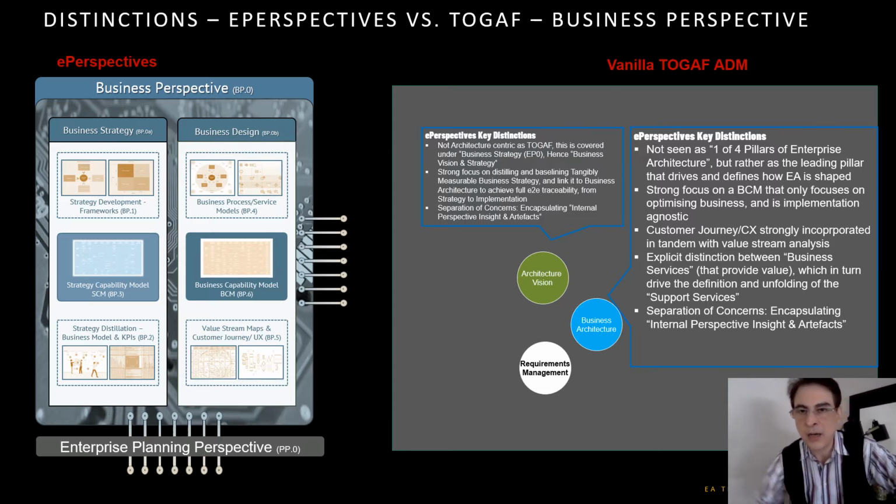I also need to mention on the architecture vision that in ePerspectives, we look at this vision as vision and strategy for the entire business enterprise organization, whereas in TOGAF, this is largely focused on the enterprise architecture approach with the scope that TOGAF presents for it.